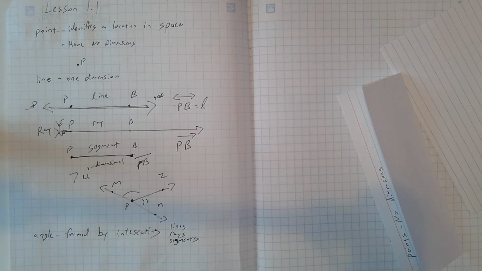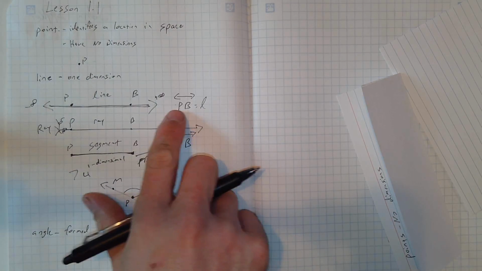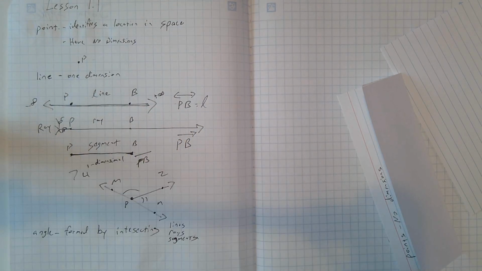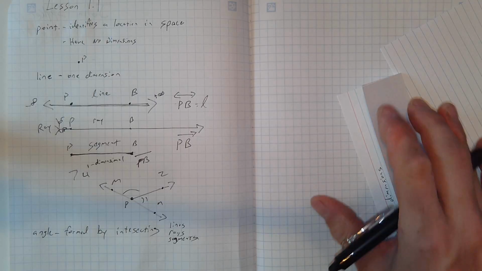Okay, we're going to get into angles a little bit more in lesson 1.2. There are other types of lines or different characteristics of lines we're going to get into a little bit later. But I guess I'll go on to 2 dimensions now.